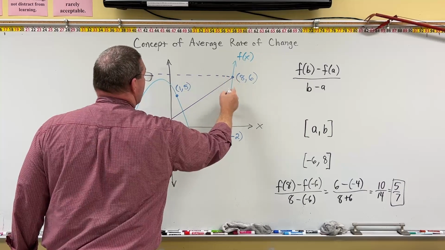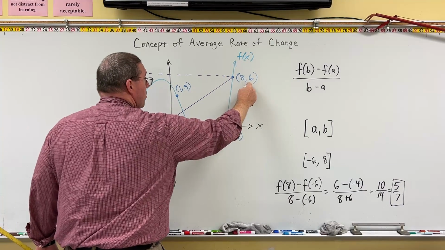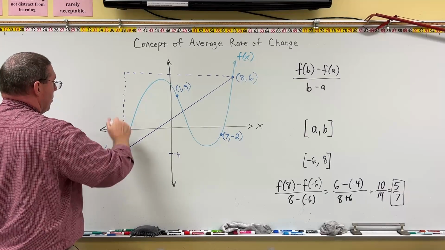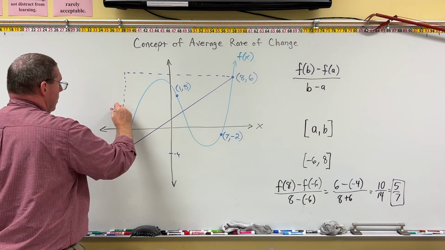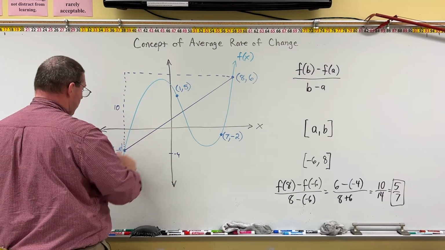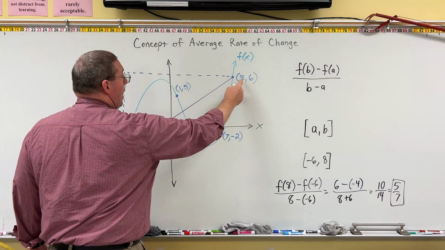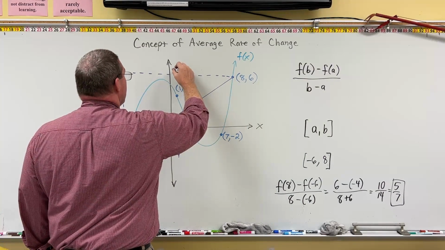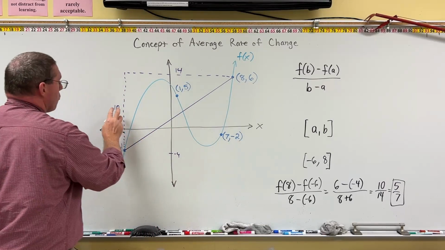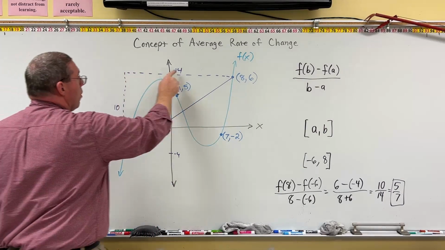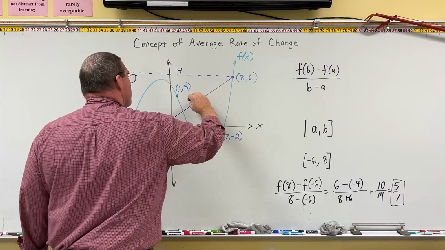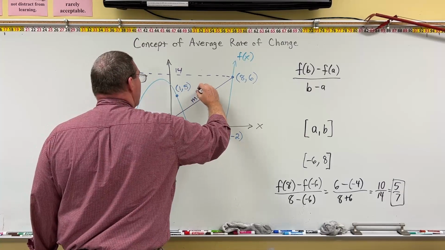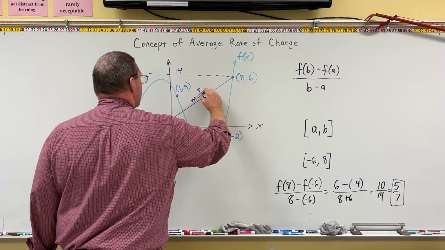See that? So the rise is 6 minus -4. That's 10. So it has a rise of 10 and a run that starts at -6 and goes up to 8. And 8 minus -6, the distance from here to here, is 14. So we have rise of 10, run of 14, and so the slope of this line is 10 over 14 or 5 over 7.